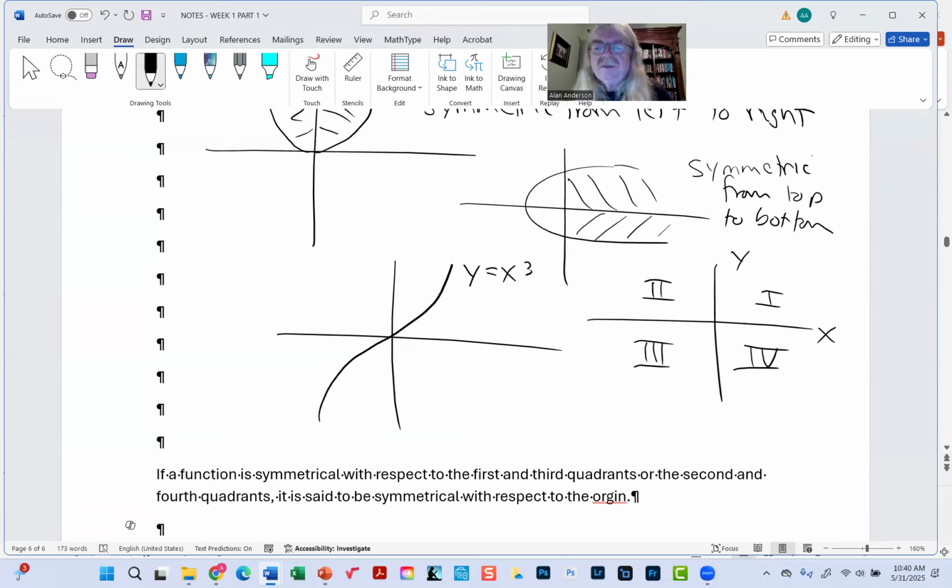So, the origin here. Okay, the origin. So, in other words, y equals x cubed is symmetrical about the origin from 1 to 3.